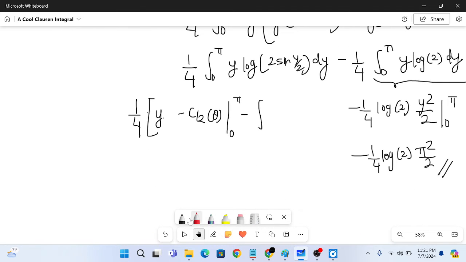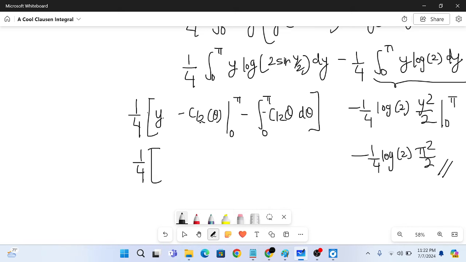Now this goes to 0 again. If we evaluate this, that will just be minus CL2 of theta d theta, going from 0 to pi. Now this is 1 by 4.